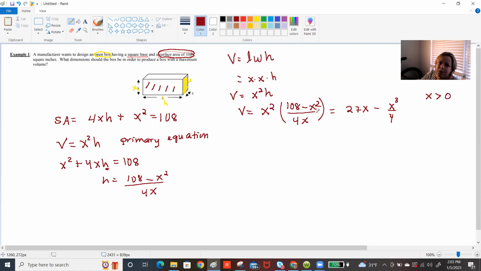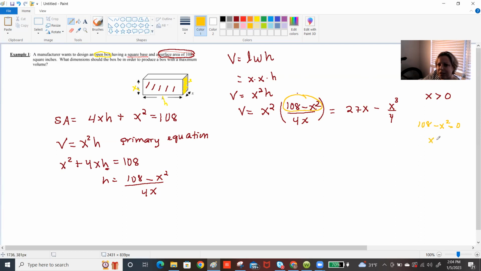Also, we know that the denominator cannot be 0. Now we also need to make sure that the numerator, the height, cannot be 0 either. So let's do this in a little corner here: 108 minus x squared equals 0.